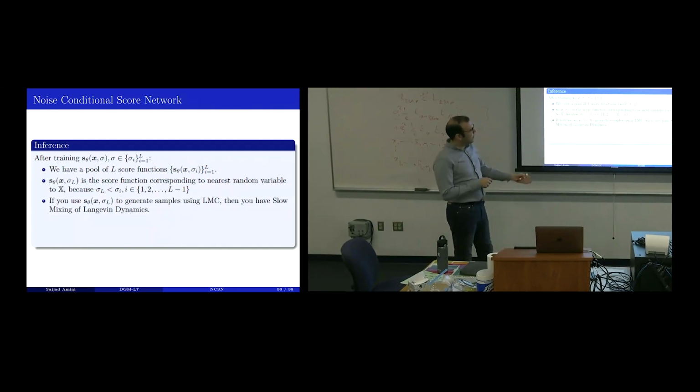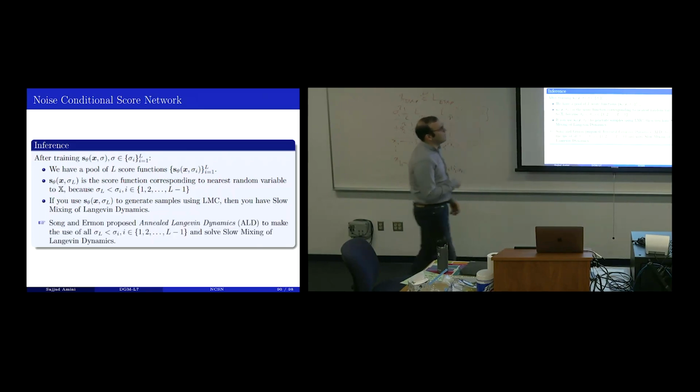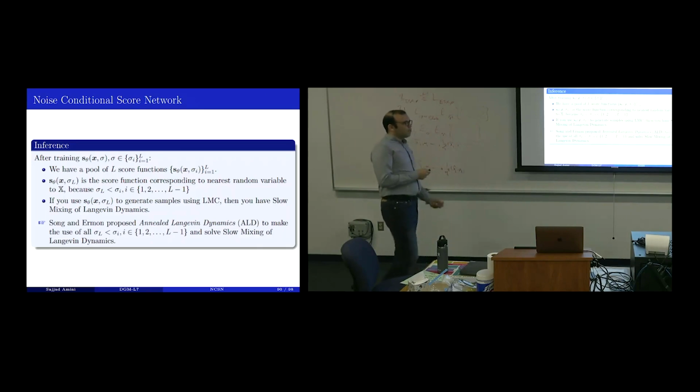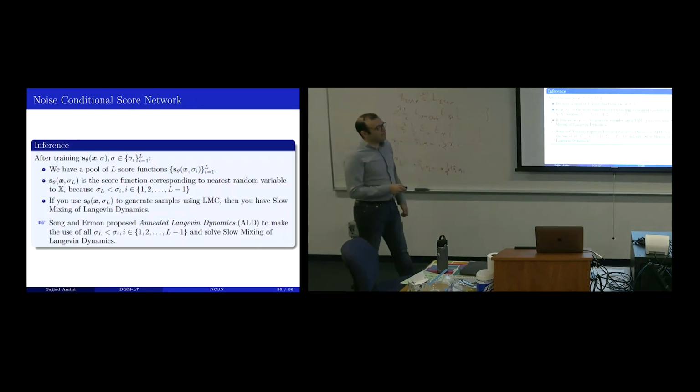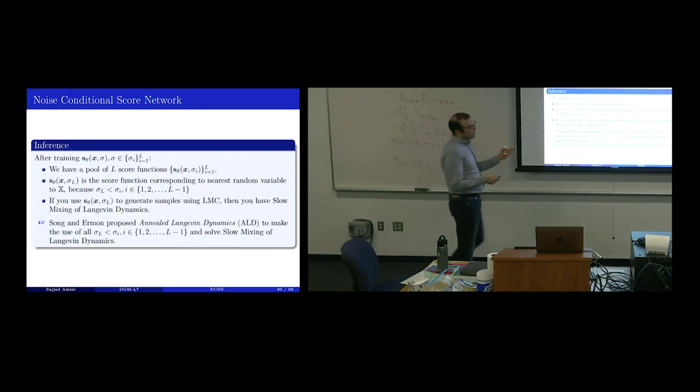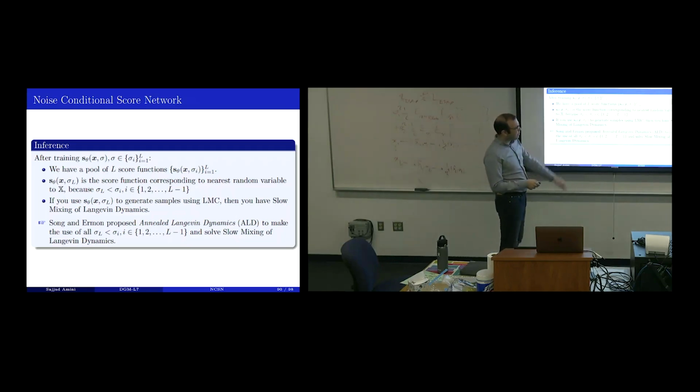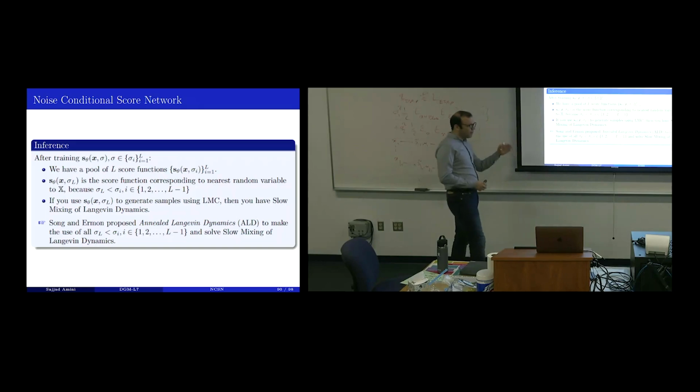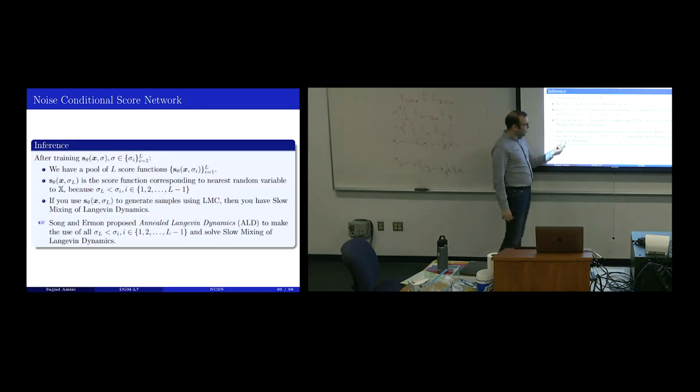If you use S theta of x and sigma L, then you have a slow mixing of Langevin dynamics. Song and Ermon proposed annealed Langevin dynamics, the ALD algorithm, to make use of all the sigma values to solve the slow mixing of Langevin dynamics. Why do we emphasize the slow mixing?